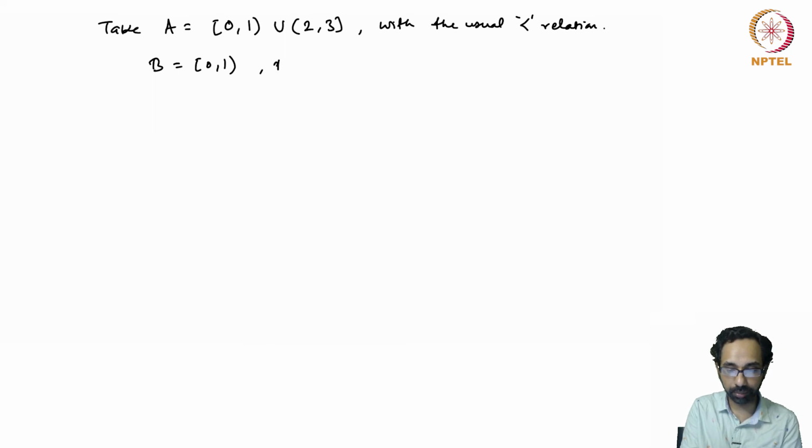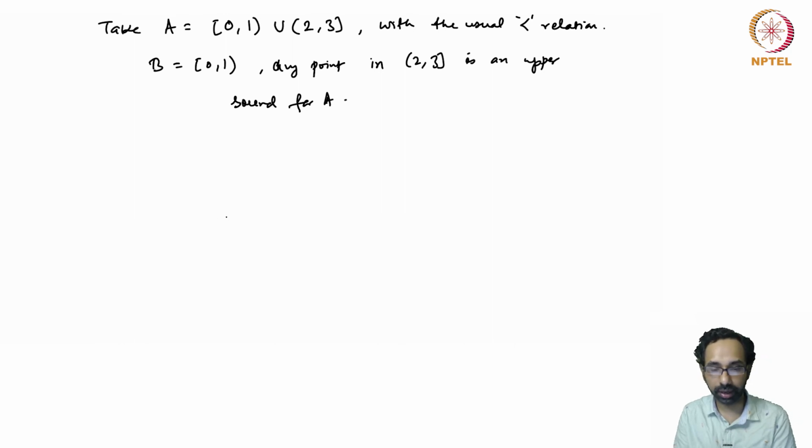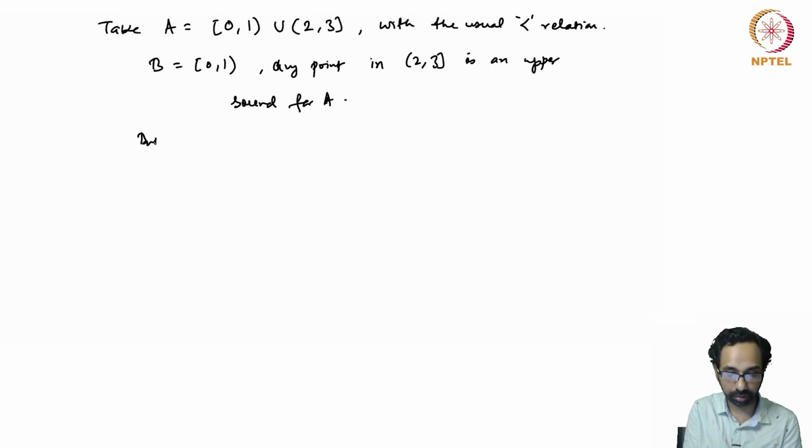Now any point in this interval (2,3) is an upper bound for B, but B does not have a least upper bound.